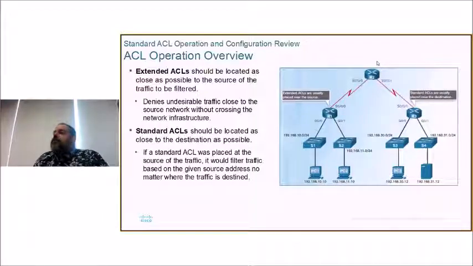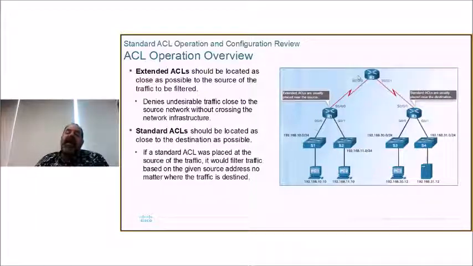Now, because of the information the ACLs check, the different types, the standards and the extendeds, the placement for them is different as well. With extended ACLs, because you can get very granular with them, you can place them as close as possible to the source that you may wish to deny traffic.